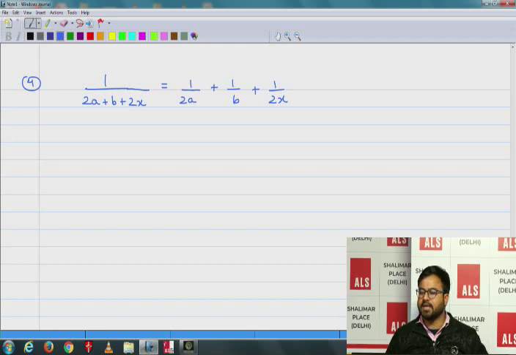So you're getting minus a and minus b by 2. So let us solve.